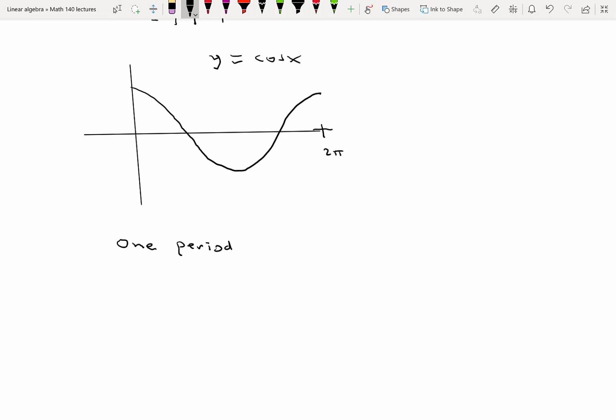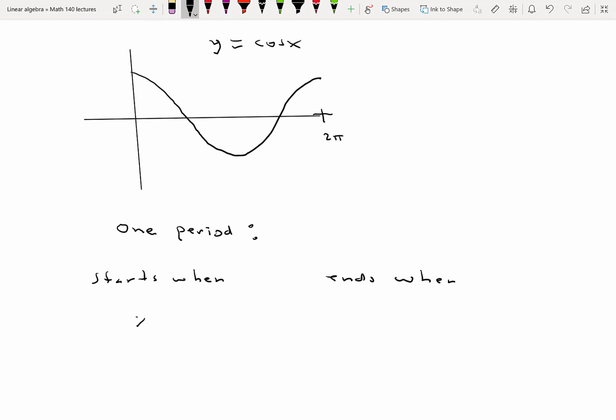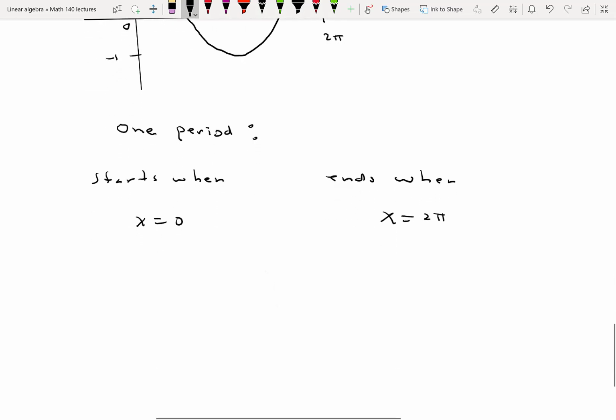One period starts when x equals 0, and one period ends when x equals 2 pi. That's extremely clear. I know you see that.